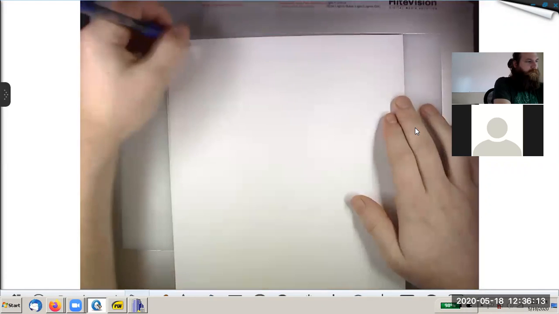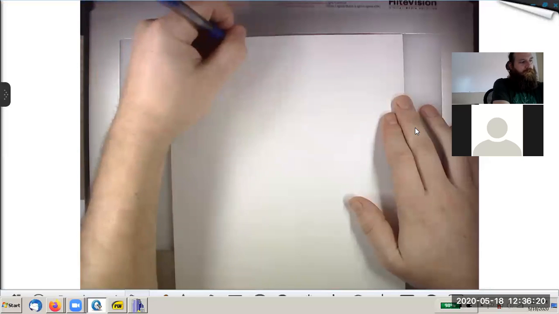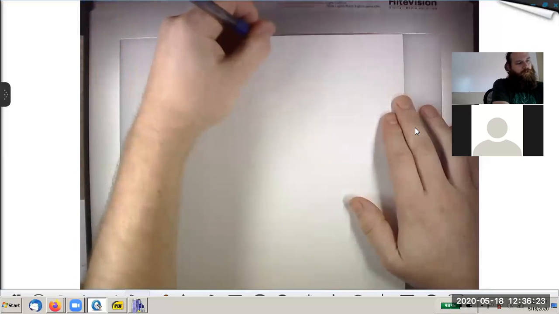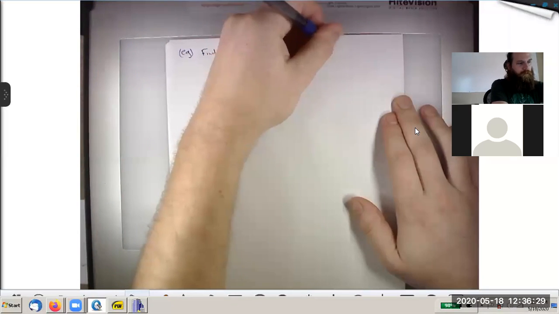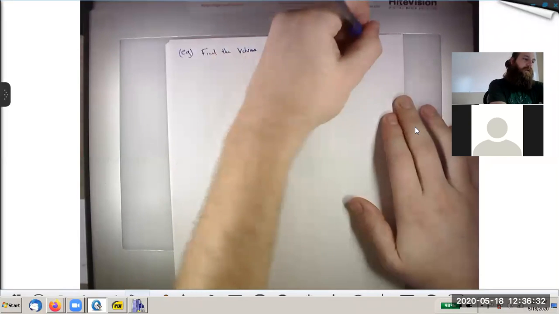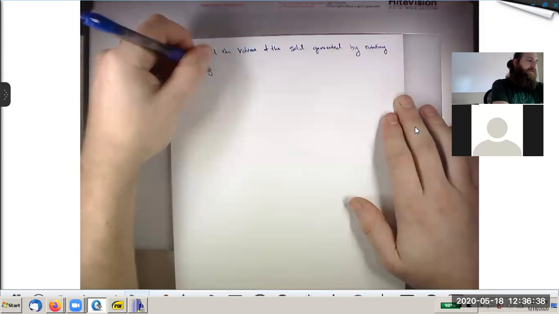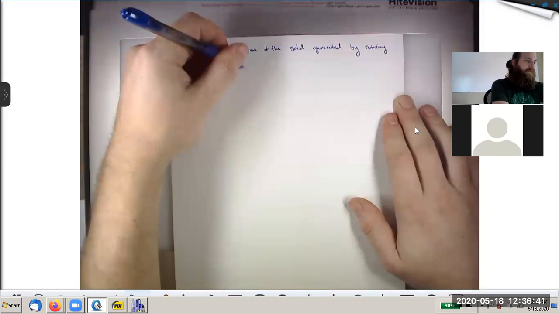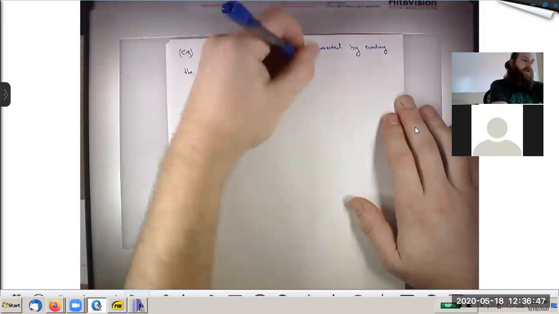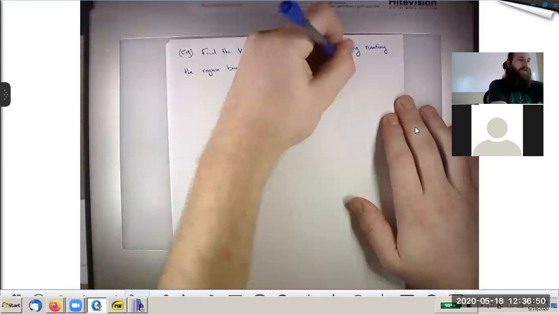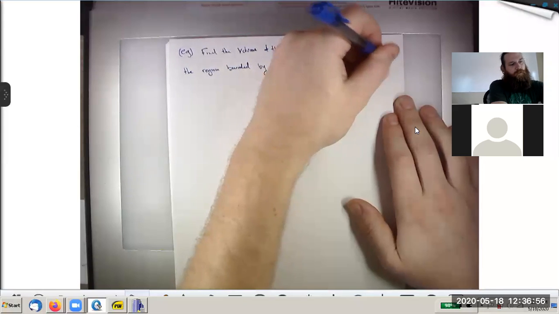Let's find the volume of the solid generated by rotating the region bounded by y equals x and y equals x squared about the x-axis.